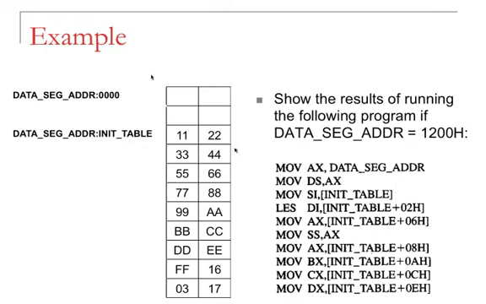What we're trying to show here is that in this memory, we have some bytes stored at address data segment address, column, init table. We don't really care about the exact value these symbols represent, but they are some value, and we use these values to locate these bytes. So we have a couple of move instructions, and then we have the LES instruction.